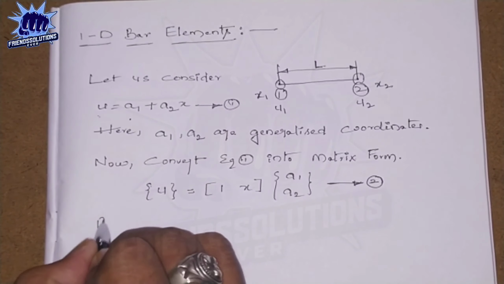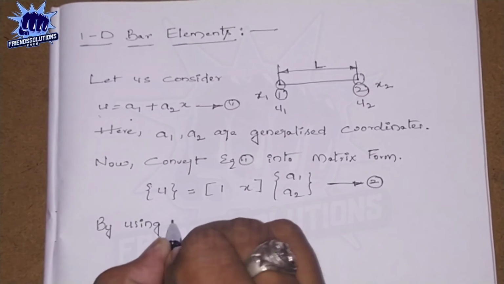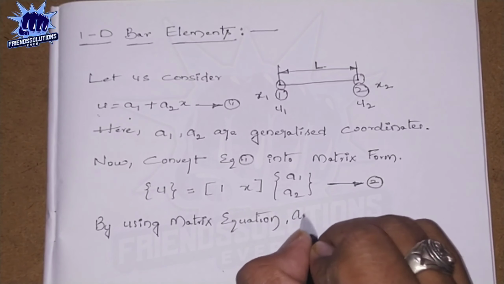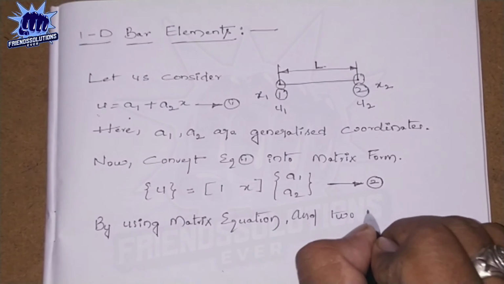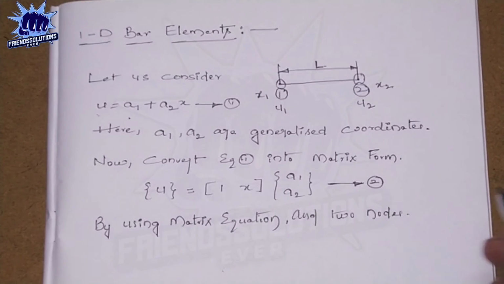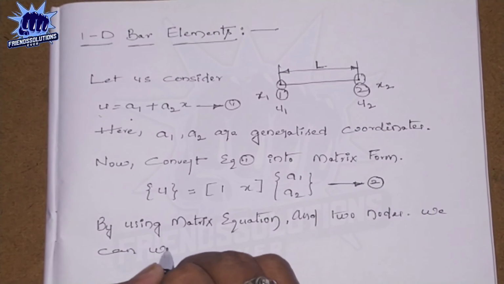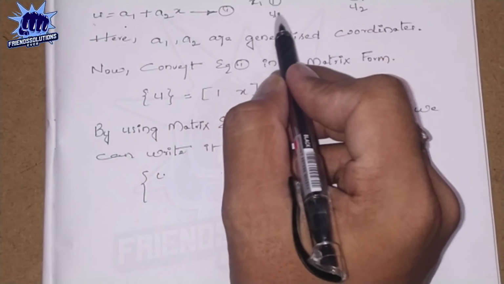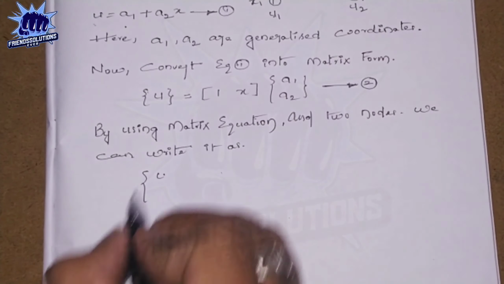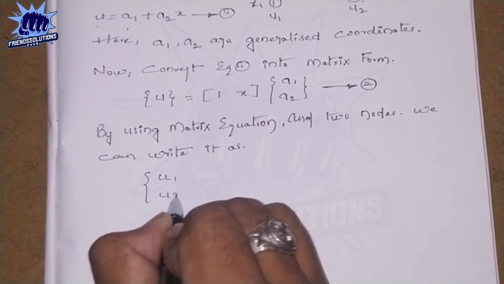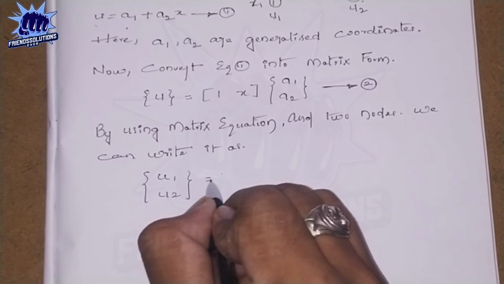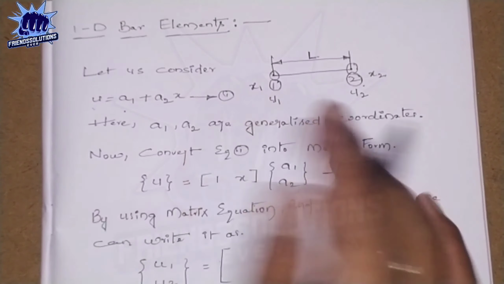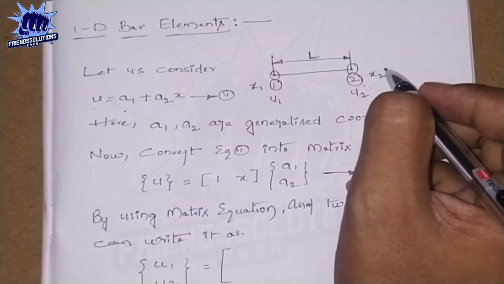Using the matrix equation and the two nodes, we can write u1 and u2 in this equation as u1, u2 equal to the matrix with rows 1 x1 and 1 x2, since x1 and x2 are the two coordinates we are assuming.